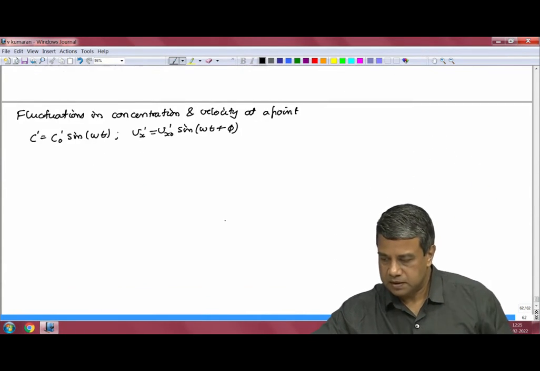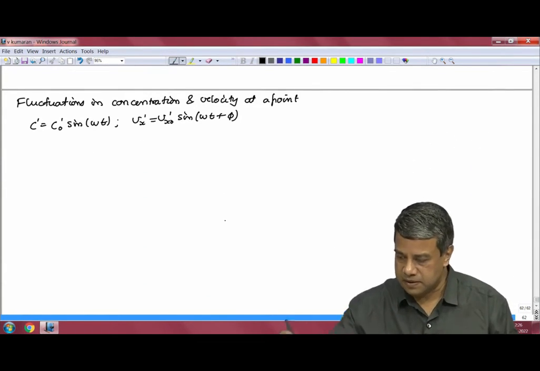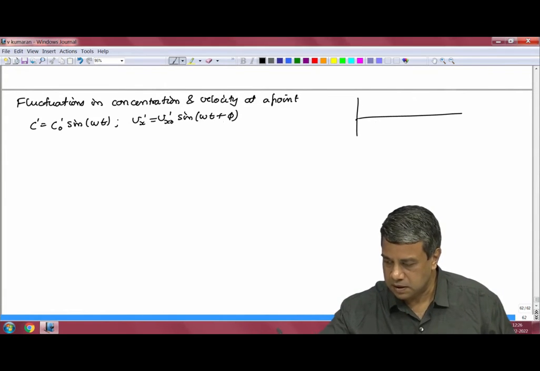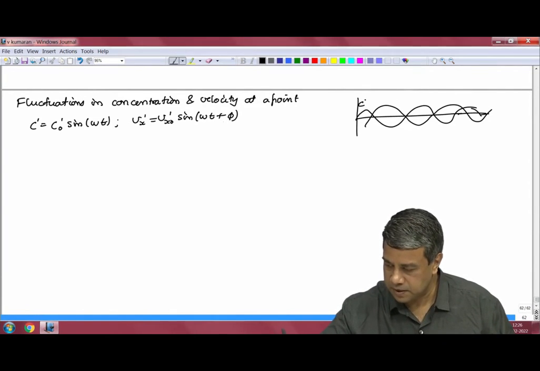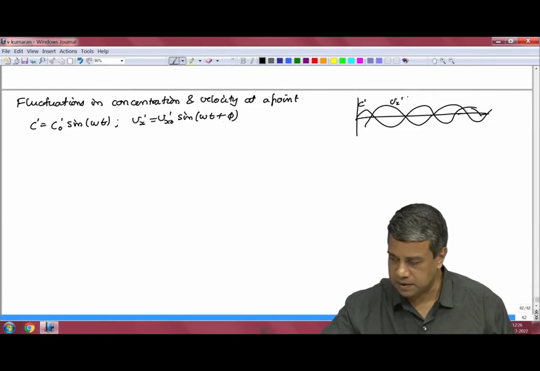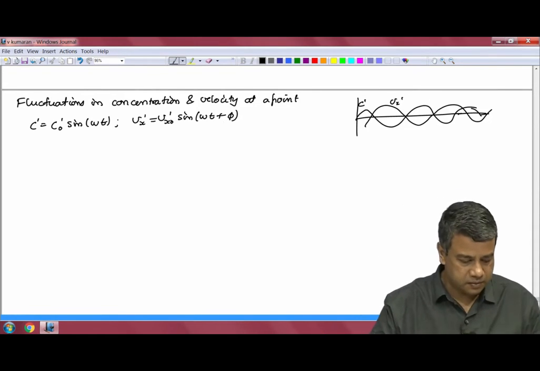So, we are basically considering a single frequency variation in concentration and in velocity. So, this will be C prime, this will be Vx prime. It is varying with a single frequency omega.